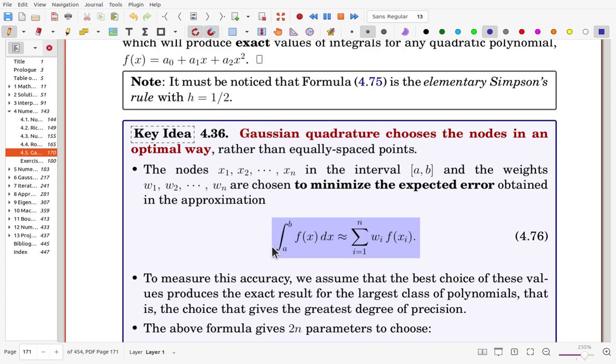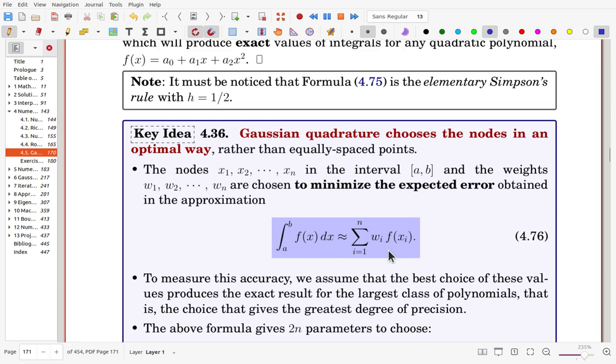The question is how to choose knots, and Gaussian quadrature will choose the knots in an optimal way rather than using equally spaced points. The knots x1 to xn in the interval and the weights w1 to wn are chosen to minimize the expected error in this formula.